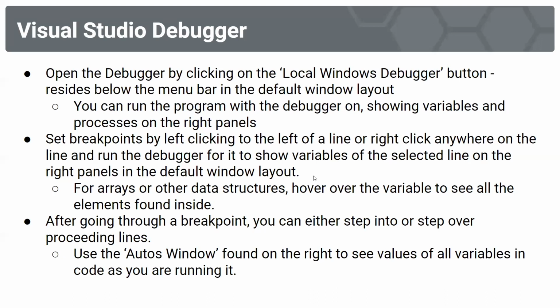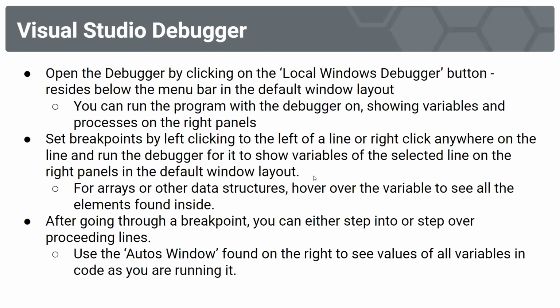To debug in Visual Studio, you want to open the debugger by clicking on the local Windows debugger button. This resides below the menu bar in the default window layout. You can run the program with the debugger on, which shows the variables and processes on the right panels. Then you can set breakpoints by left-clicking to the left of a line or right-click anywhere on the line, and then run the debugger for it to show variables of the selected line on the right panels in the default window layout.